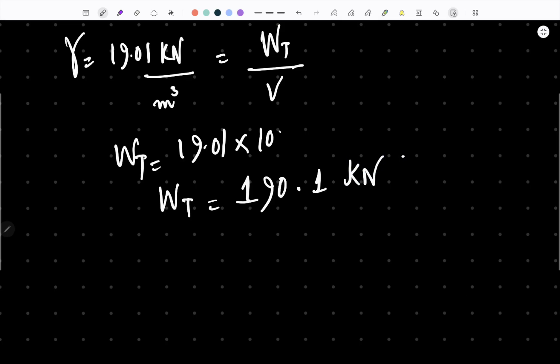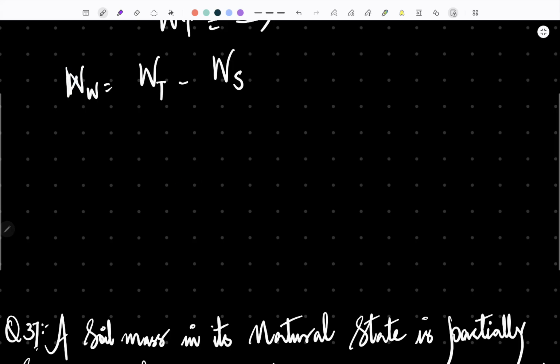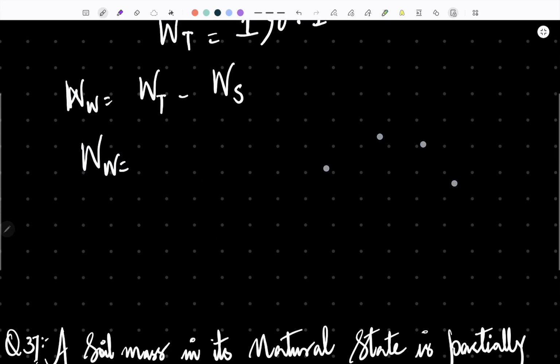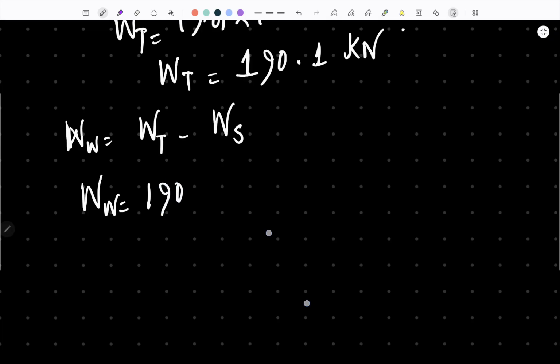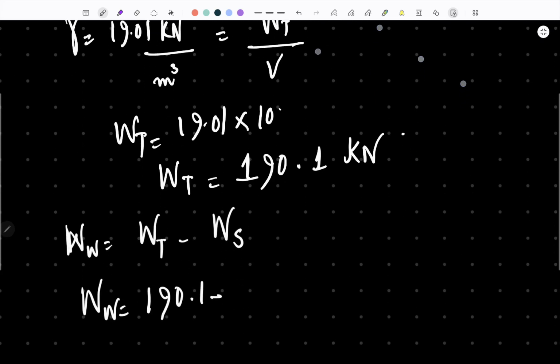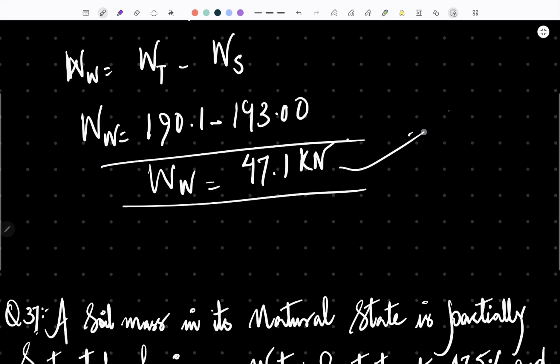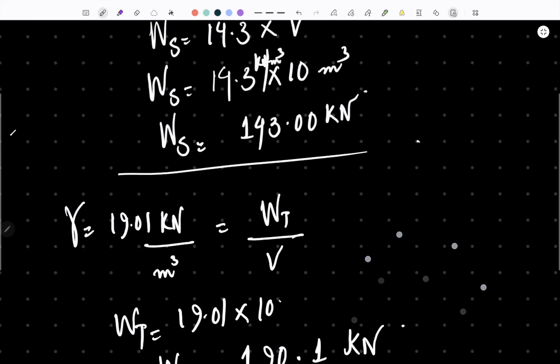This is the total weight. So the weight of water required is total weight minus weight of solids. Total weight is 190.1 kilonewton minus weight of solids, 143 kilonewtons. So weight of water is 47.1 kilonewton. This is how we solve these type of questions.